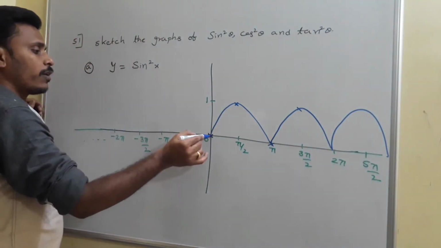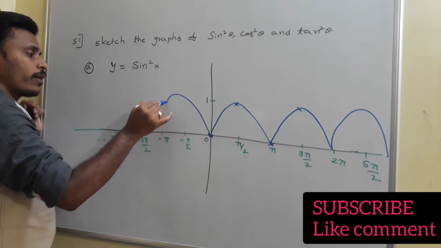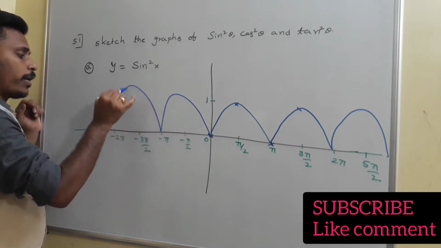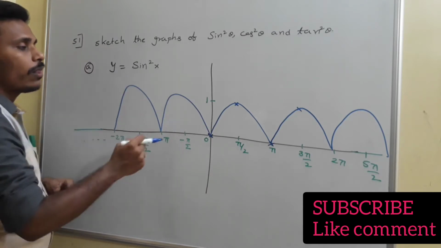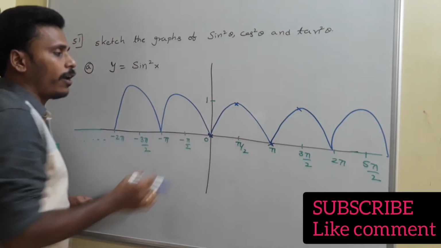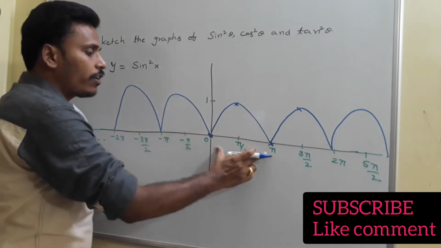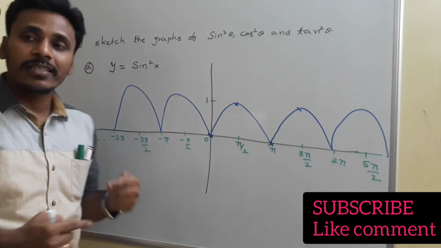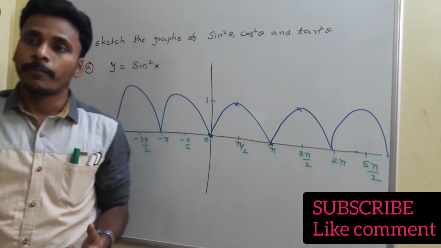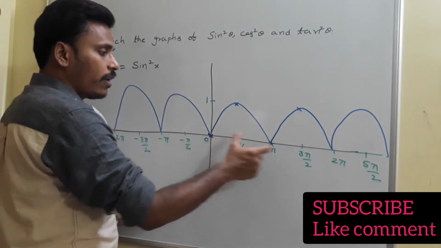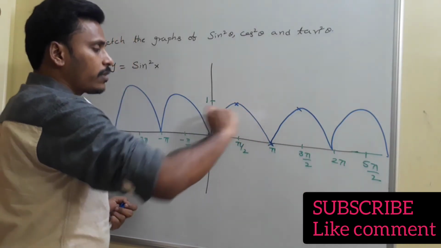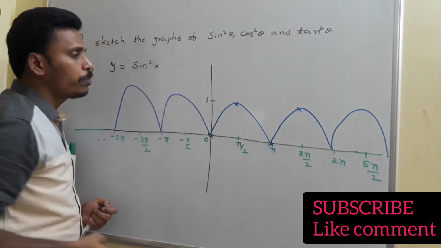On the left side, for minus pi by 2, minus pi, minus 2 pi, the graph looks the same, and all these peaks should be the same. In each region of 180 degrees, sin square x behaves in the same manner. The width and the shape should be the same.